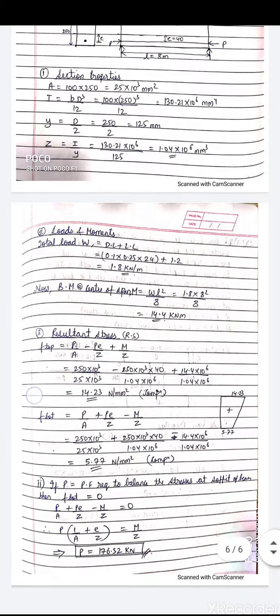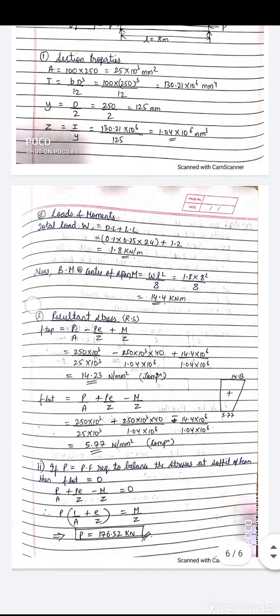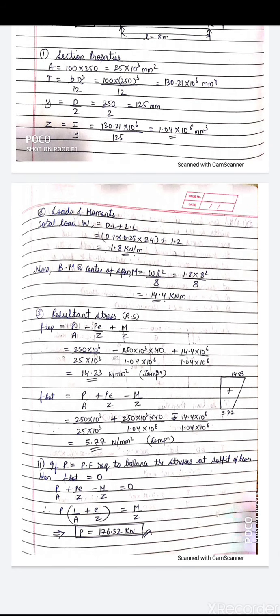Now the next step is to find out the resultant stress. So the first step is section properties, then loads and moments, and then resultant stress. The resultant stress is given by F top equal to P by A minus PE by Z plus M by Z. We have already seen this in the theory part. The value of P is given in the question, 250. Area you have already found out.